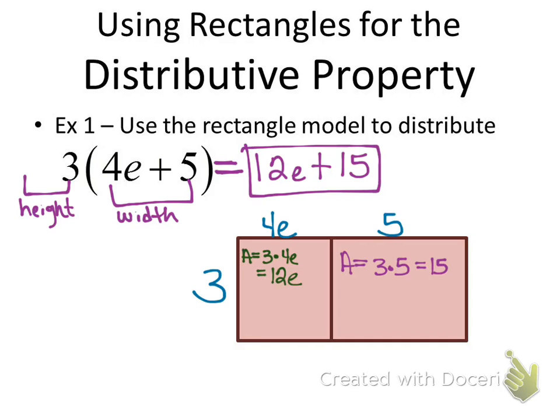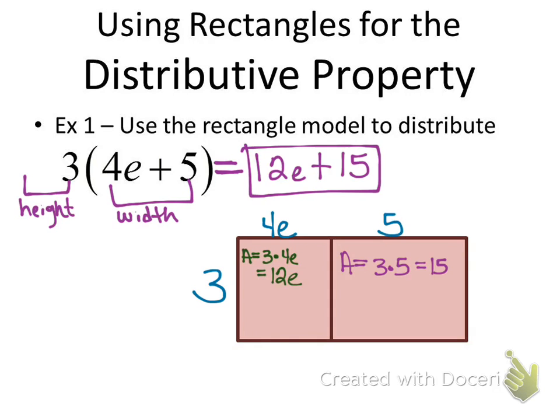Good. So what I have up on the PowerPoint right now, you should have in your notes. That's how I want it to be written, yes. I got 12e when I multiplied 3 times 4e, when I took the height times the width.